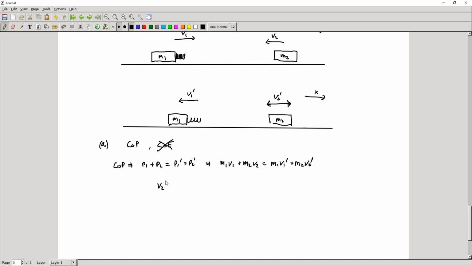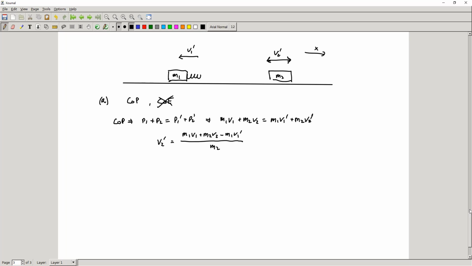We know both masses. So let's just rearrange this to solve for V2 prime. We're going to have V2 prime is equal to, well, everything that was on the left-hand side, M1 V1 plus M2 V2. We'll move that other term over, M1 V1 prime, and then divide through by M2. If we do that, we can then substitute in numbers, and we're going to find the following setup here.